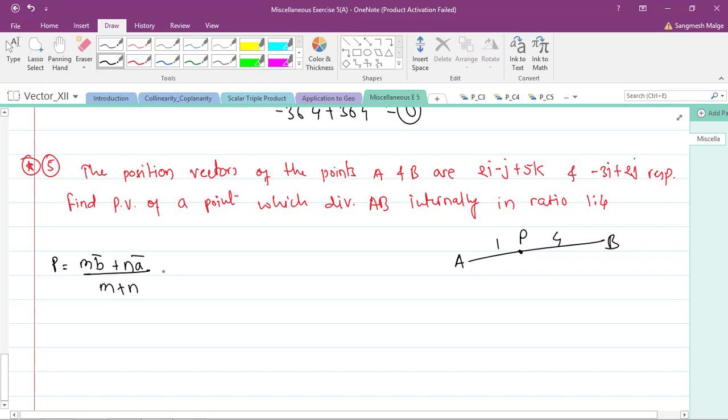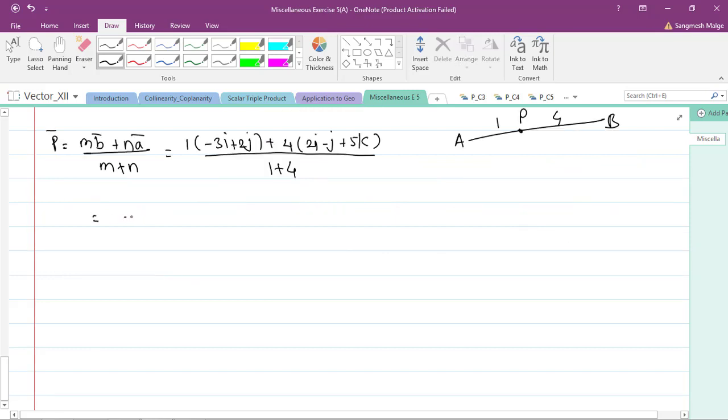Okay, so what is the value of M, it is 1, so 1 into B bar, which is minus 3i plus 2j, and plus, what is N, it is 4 into 2i minus j plus 5k, whole divided by 1 plus 4 is 5. So if I open the brackets, what I'll get is minus 3i plus 2j plus 8i minus 4j plus 20k, whole divided by 5.